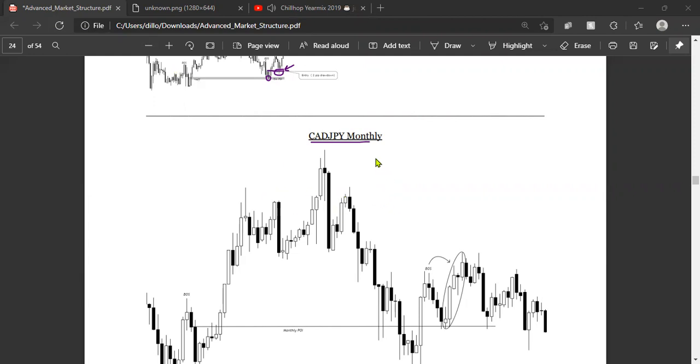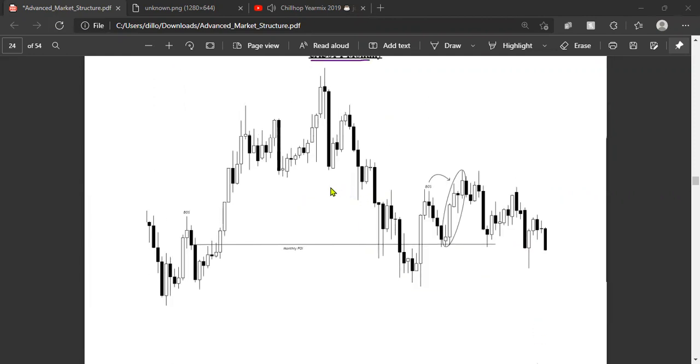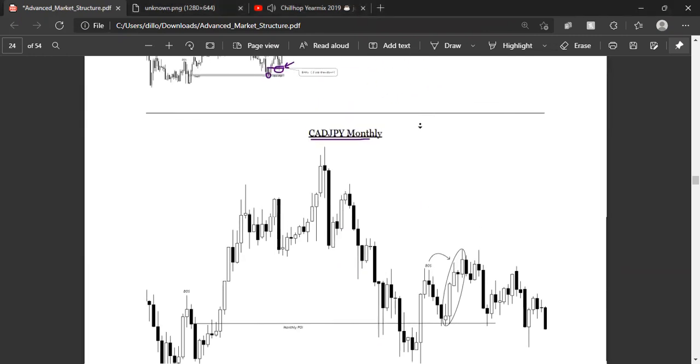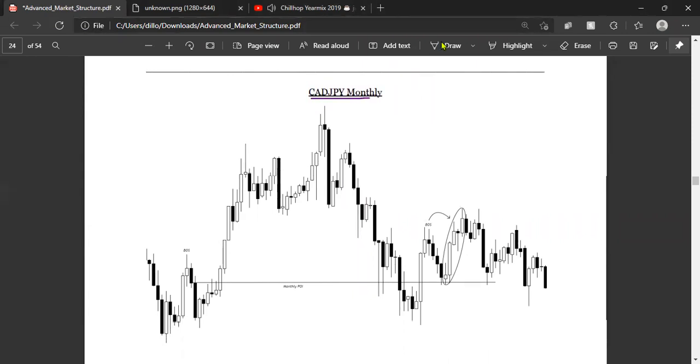All right. Now, in this video, today's example, we're going to start on CAD JPY on the monthly time frame. All right, so let's look at this. On the monthly time frame, it looks like down here we have a shift in market structure, right?